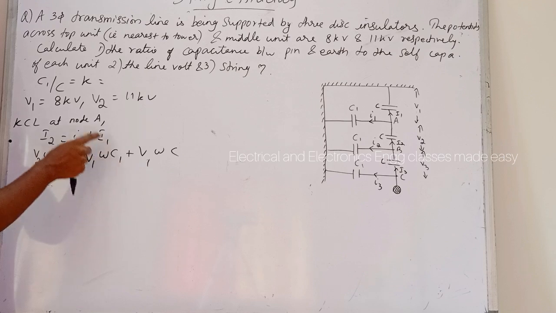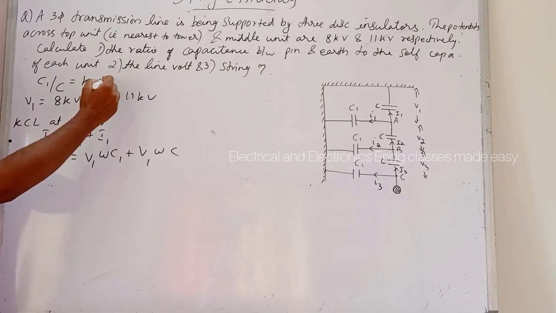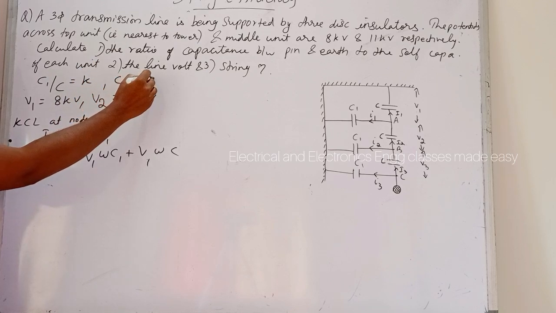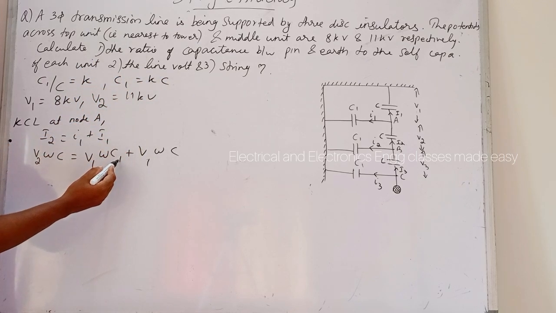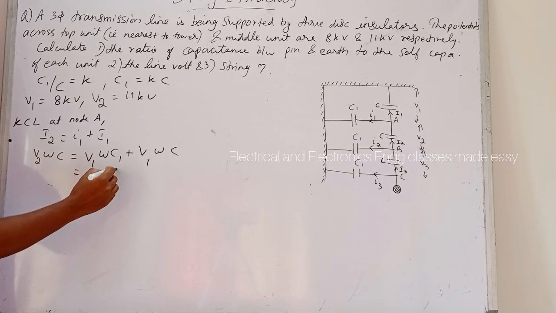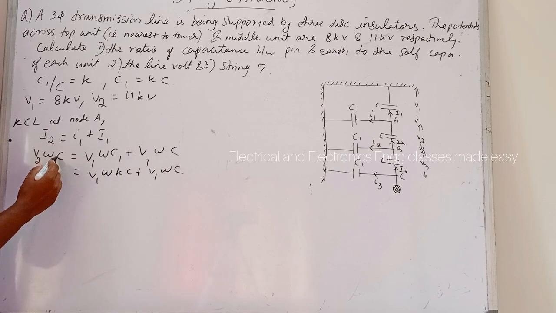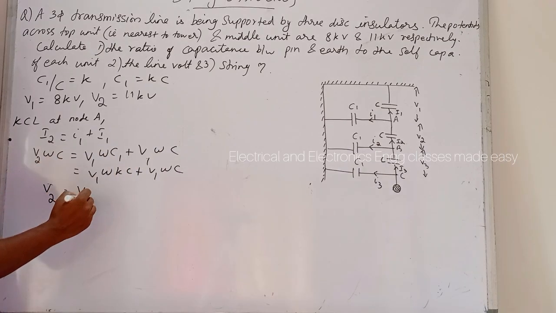And here C1 is equal to K into C. So V2 omega C equals V1 omega KC plus V1 omega C. So omega C gets cancelled, and we will get V2 is equal to V1 into K plus V1.